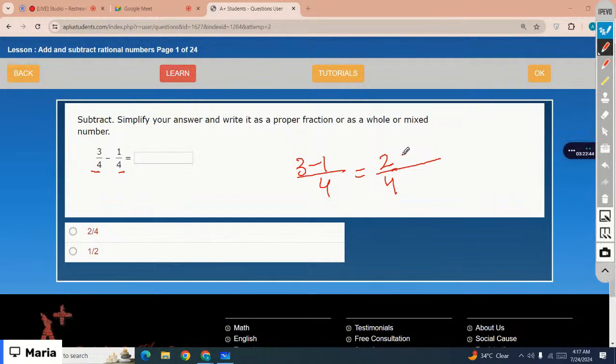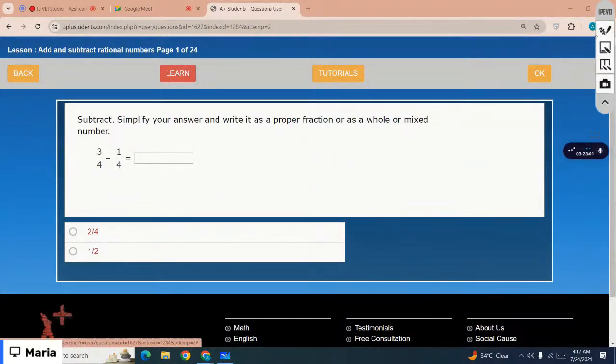So just divide them by the greatest common factor, that is 2. So the correct option is 1. 3 by 4 take away 1 by 4 equals 1 over 2. The correct option is option number 2, that is 1 over 2.